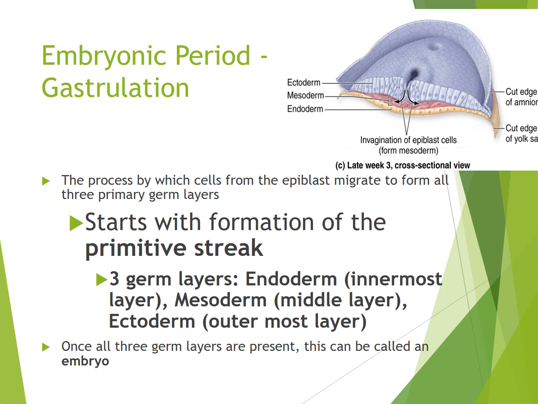The head, or cephalic, region of the streak is known as the primitive node, and there is also an elevated area called the primitive pit. From these, we have the formation of the different germ layers due to the movement of cells that are constantly being invaginated.